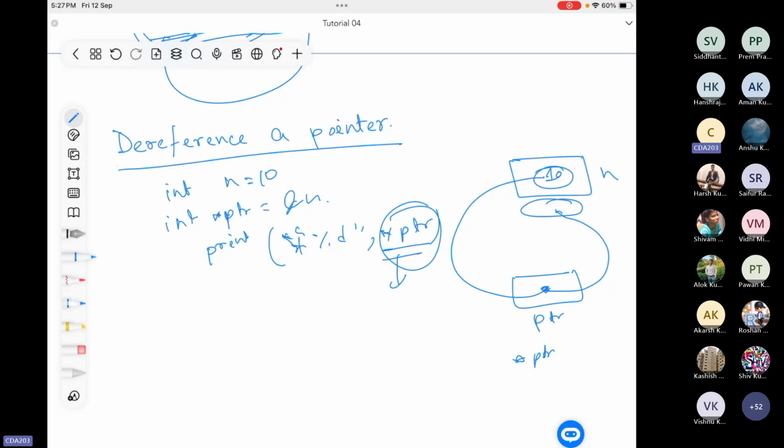Now we can access that value, and not only that, we can also modify or manipulate that value using dereferencing. We can change that value and do things with that. This is a very important technique.